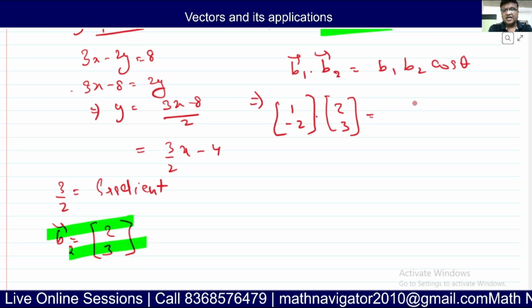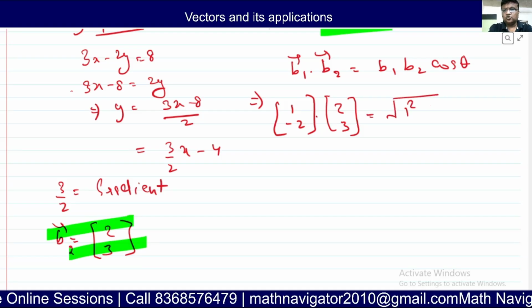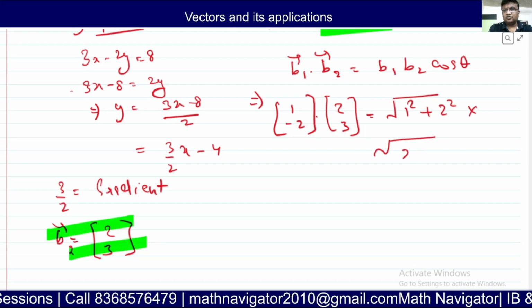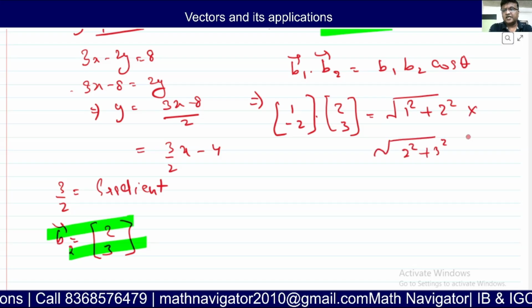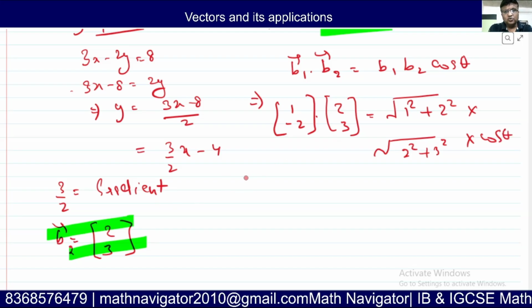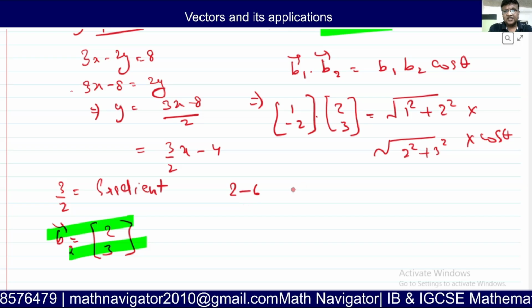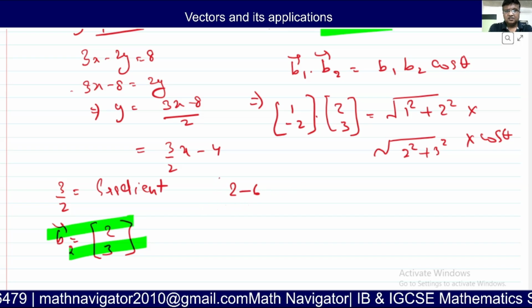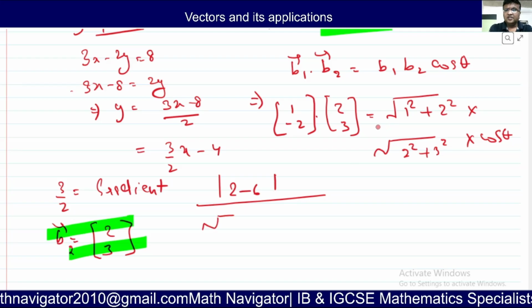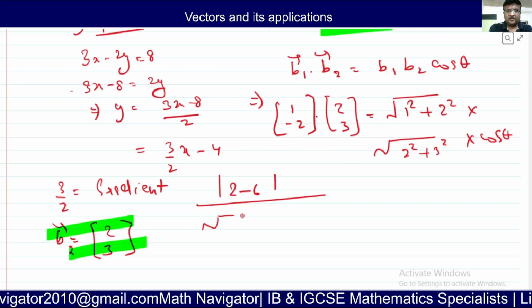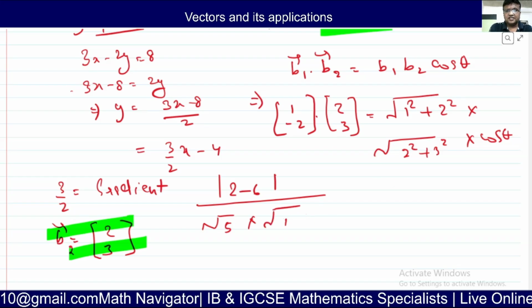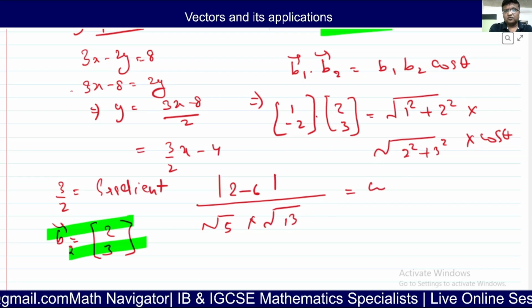Then we have the square root of 1 squared plus 2 squared, times the square root of 2 squared plus 3 squared, times cos theta, and then you can do 2 minus 6, the magnitude of it, and then the square root of 1 squared plus 2 squared, 4 plus 1, 5, times root of 4 plus 9, 13, is equal to cosine theta.